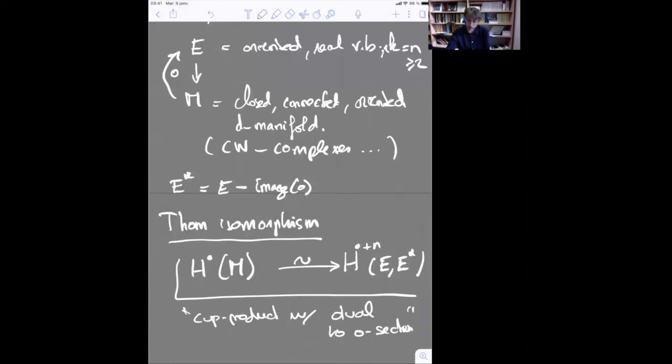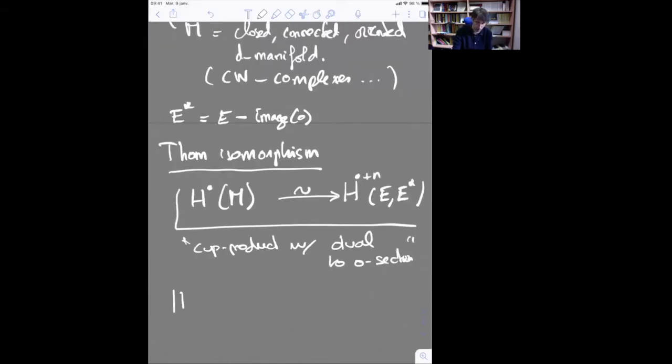So the cohomology of E relative to E star is the same as the cohomology of E represented by compactly supported forms in fibers.